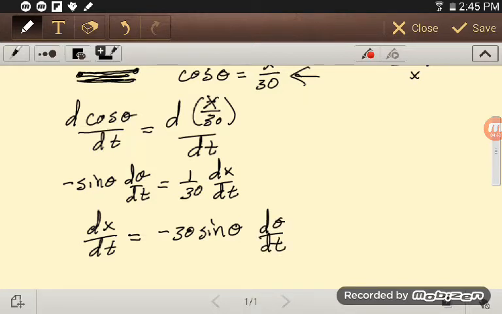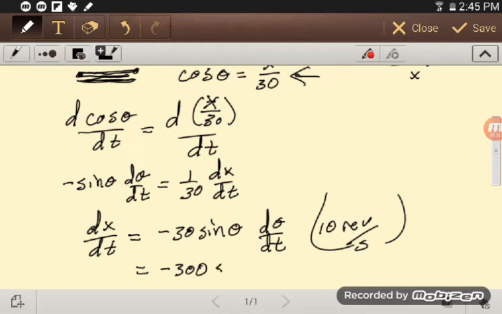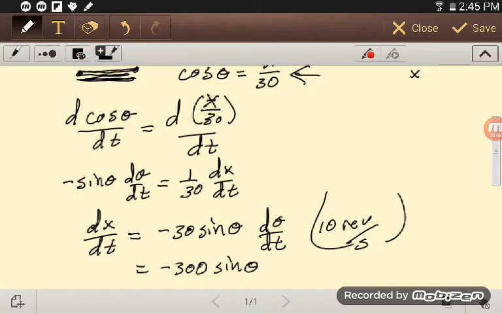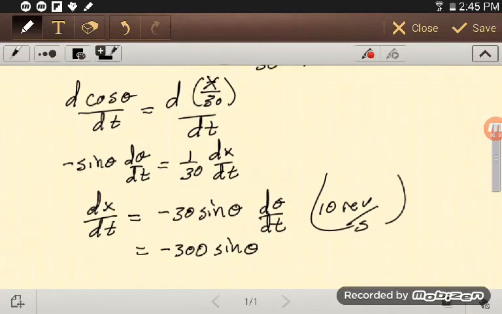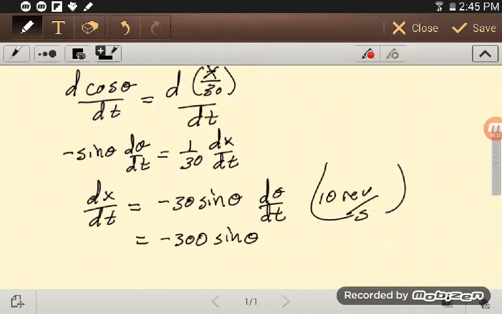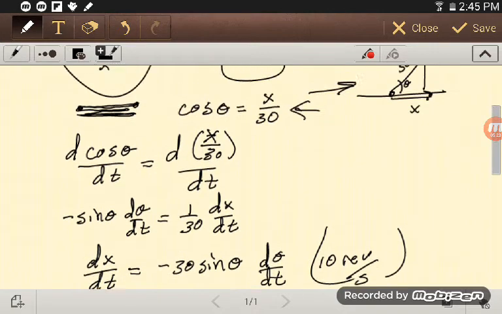But they told us d theta dt was 10 revolutions per second, and so we get minus 300 sine theta. Let's look at that. When theta is 0, we're not changing at all. And then it's negative as theta increases.